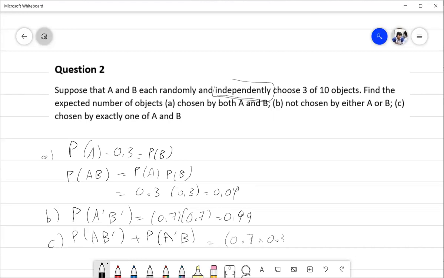And because they're the same, I just need to multiply this by 2. And that will be 0.42.